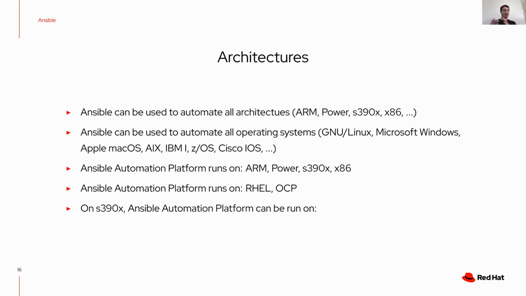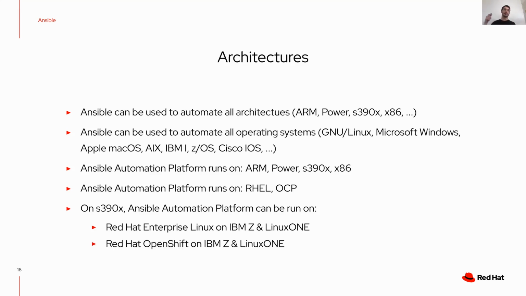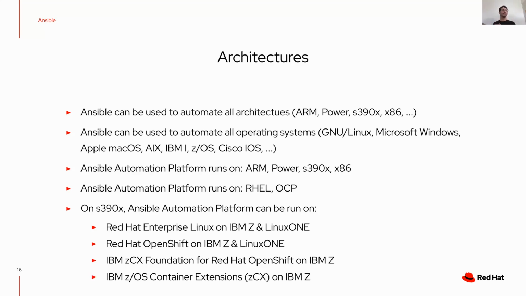Now, on S390, more specifically, since we are talking about mainframe and S390, it can be run on RHEL on IBM Z or LinuxONE, within OpenShift on IBM Z or LinuxONE, and in IBM zCX Foundation for Z, as well as in the Container Extension Foundation for OpenShift, and in z/OS zCX.